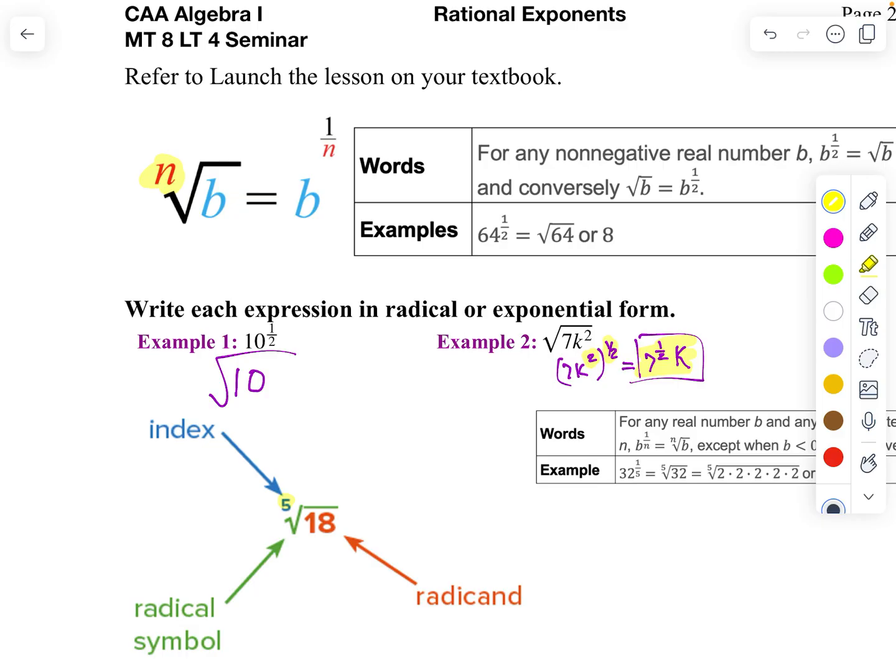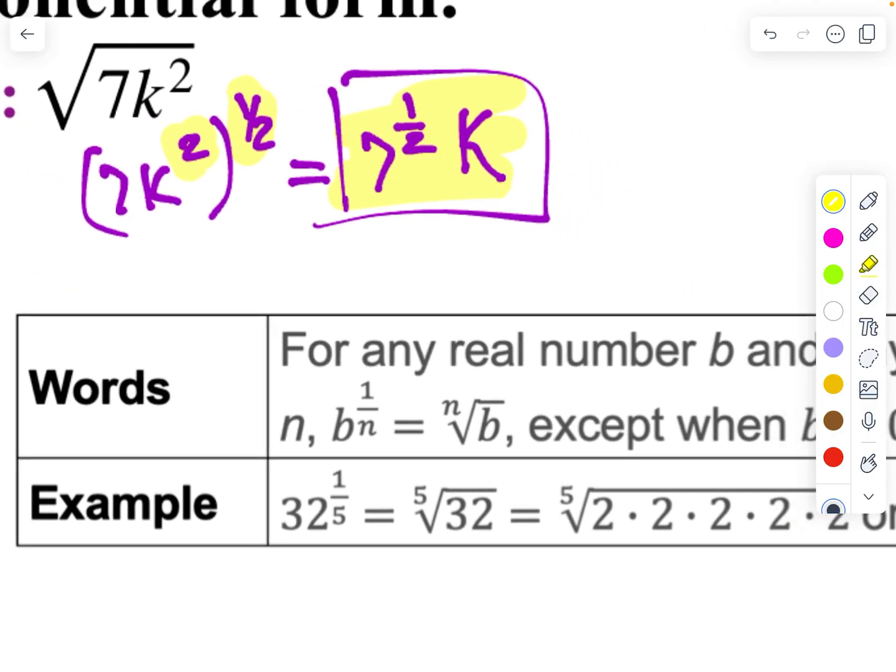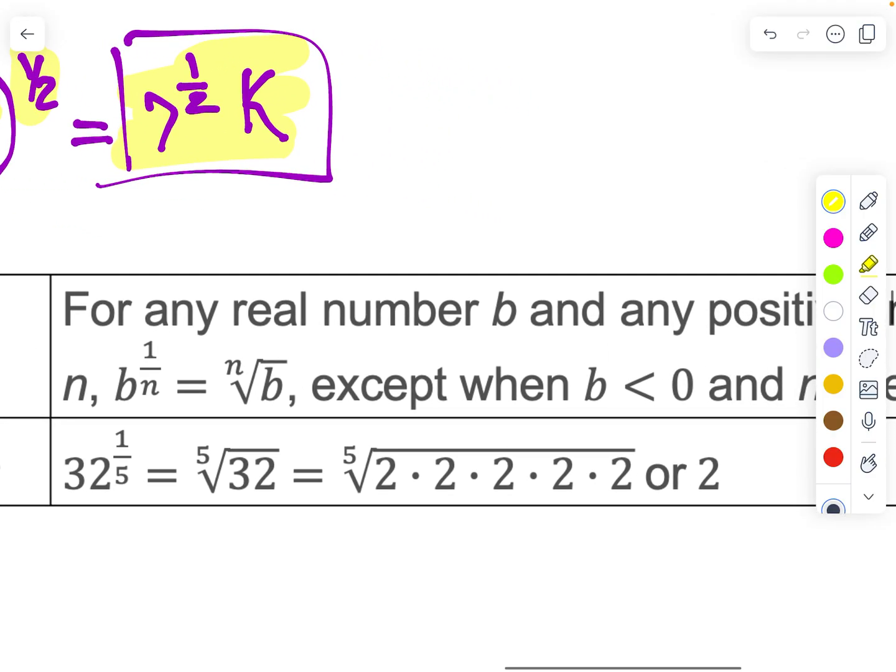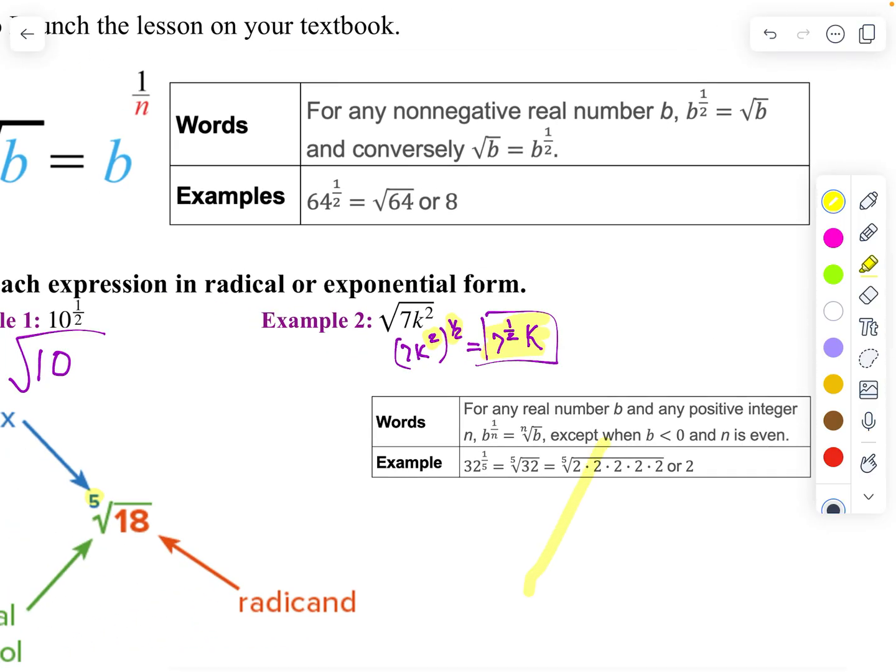So when you have a denominator, that's going to be your index. If I have b to the 1 over n and it's anything besides 2, then it's going to be that root. So 32 to the 1/5 power is the 5th root of 32. In other words, what number times itself 5 times gives me 32? In that case, it's 2. And we'll do a couple of them like that.